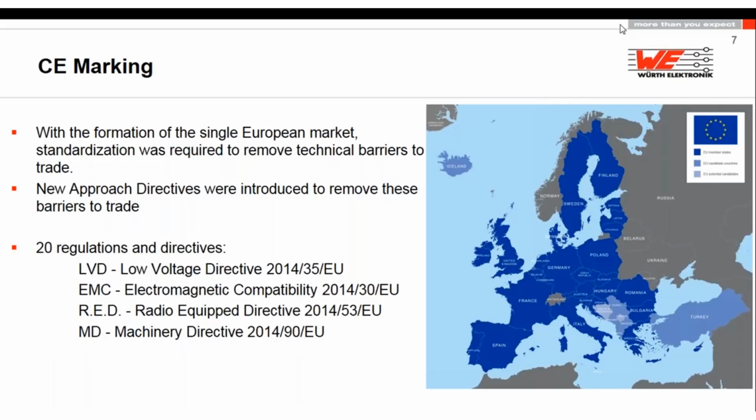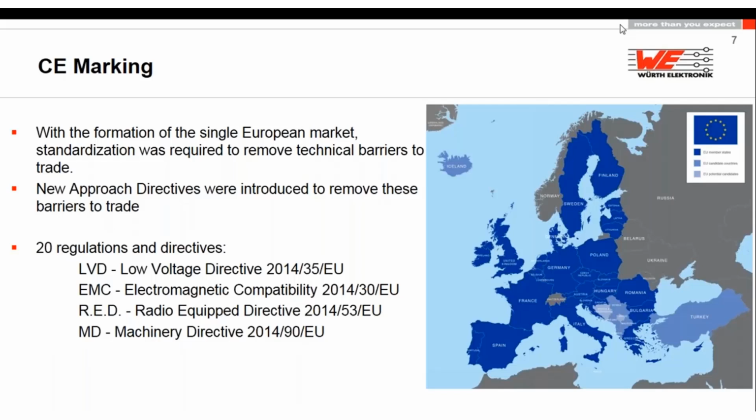If it's a low voltage device, or you have a radio module or RF module inside which communicates, in the RED the EMC compliance is already automatically included. The machinery directive for industrial machines also includes the EMC requirement.